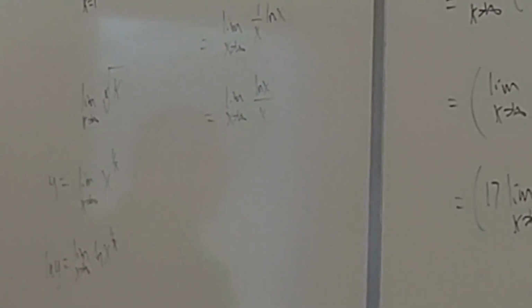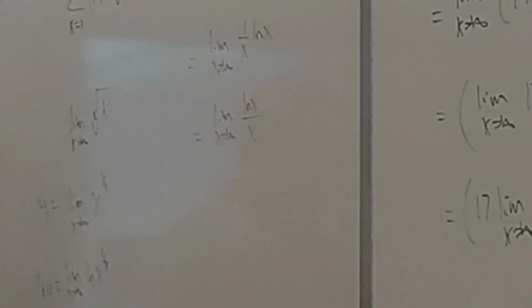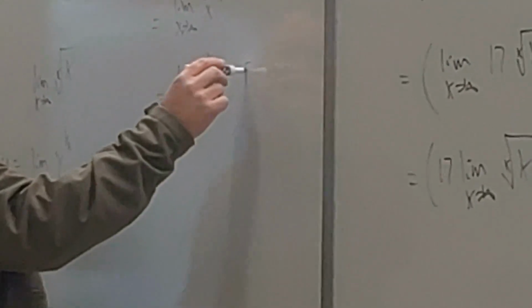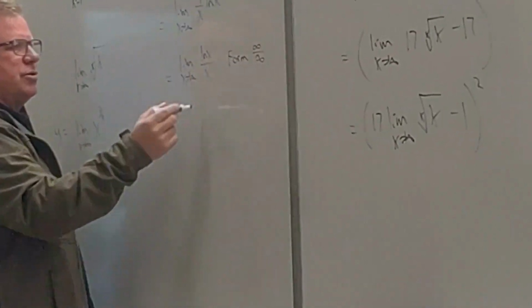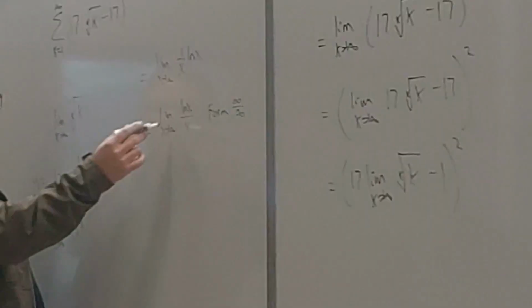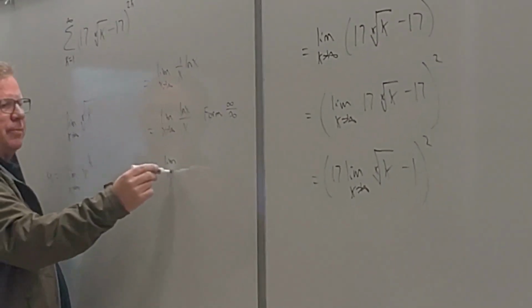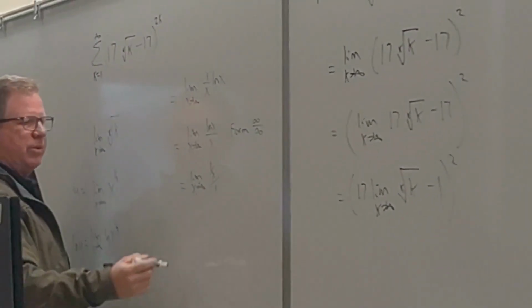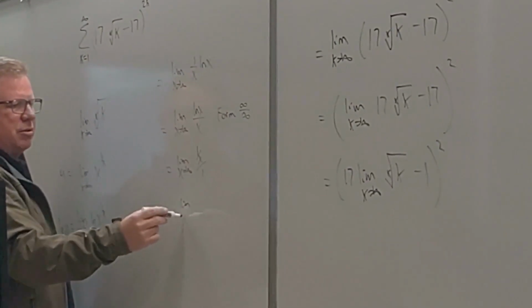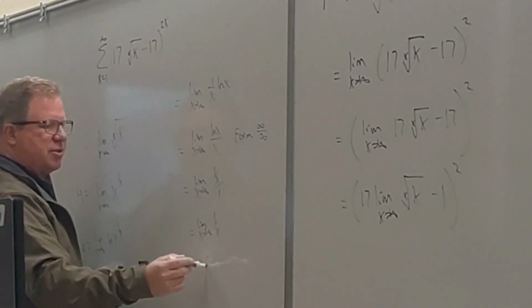Does L'Hopital's rule apply here? Is that infinity over infinity? So take the derivative of top and bottom. 1 over x divided by 1, which is just 1 over x, which is 0.